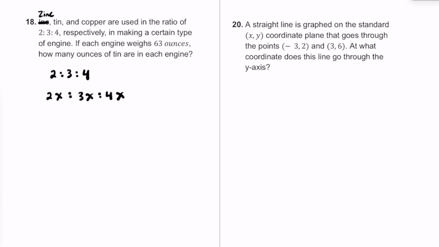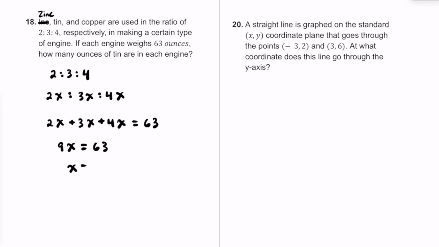So if we know the whole thing is going to be 63 ounces, then if we combine this 2x for the zinc, and then this 3x for the tin, and then the 4x for the copper, if we add up all of that amount, we know the total has to be 63 ounces, right? Now, if we add up 2 plus 3 plus 4, combine those like terms, we know that this 9x, or the total amount, is going to be 63 ounces.